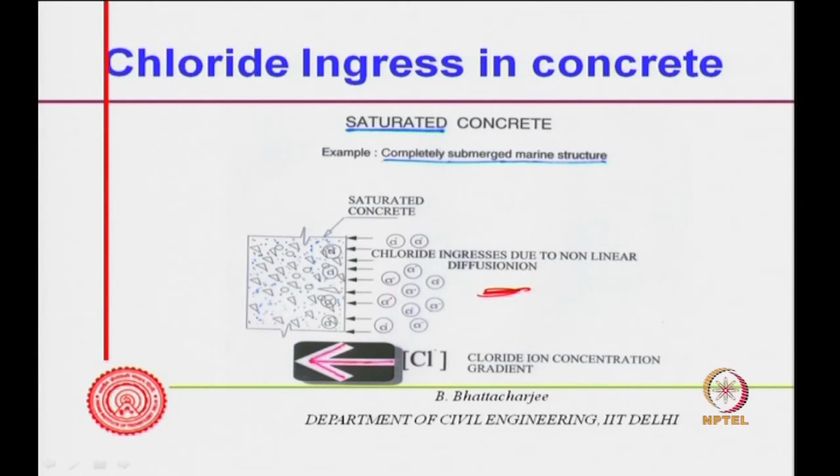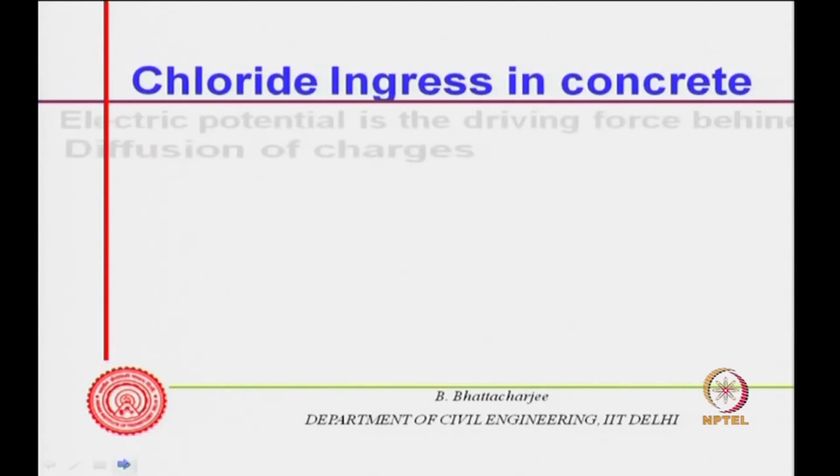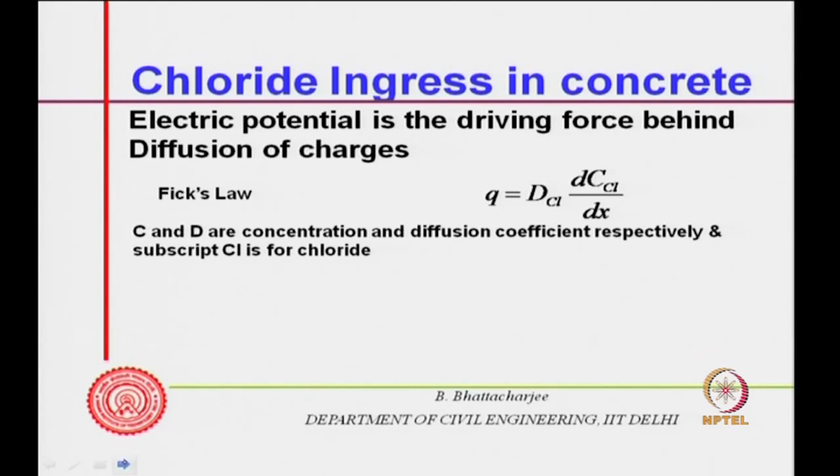These are all chloride ions. As the chloride ion penetrates, there is high chloride ion concentration and higher potential here, less chloride ion concentration and lower potential. So, chloride ions move because of the potential difference, and it can also be expressed in the form of the Fickian diffusion equation, the same one we talked about.